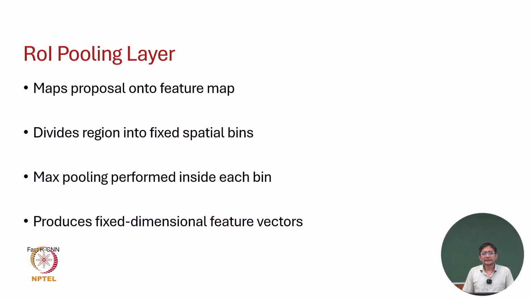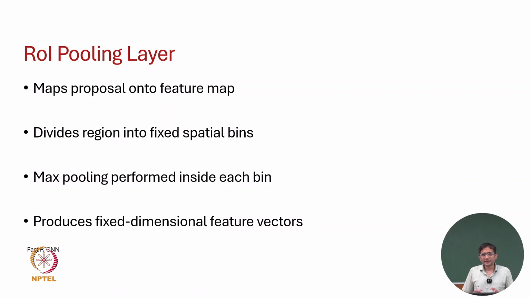So one important aspect here is the RoI pooling layer that maps the proposal onto the feature map and then divides the region into fixed spatial bins. Inside each of these bins, let's say you divide it into 7x7 bins, or whichever way you want to divide this, you can perform max pooling, thus producing a fixed dimensional feature vector.